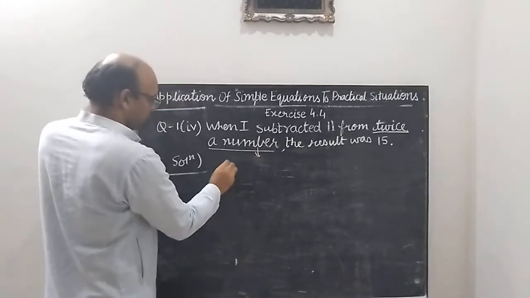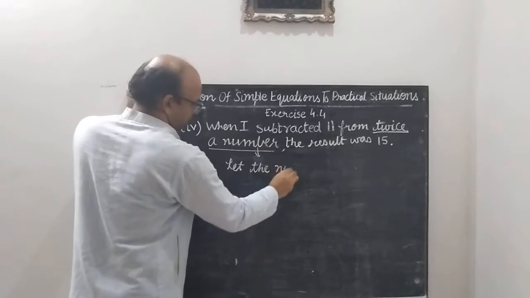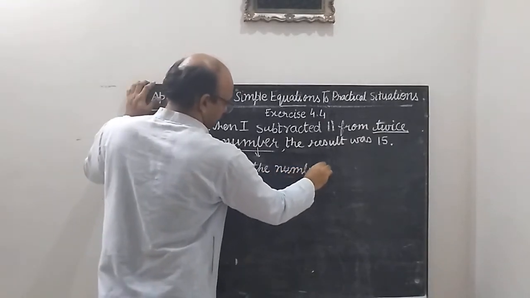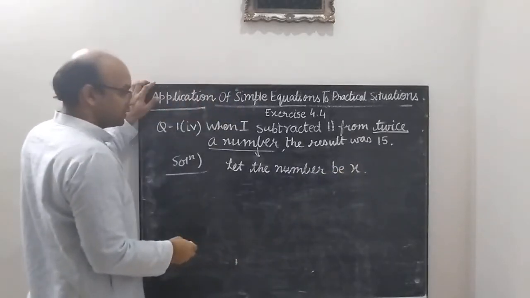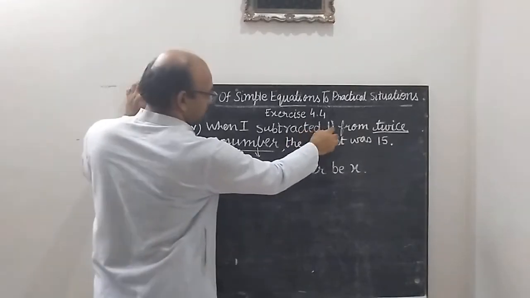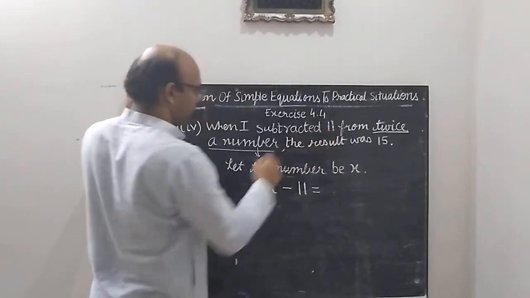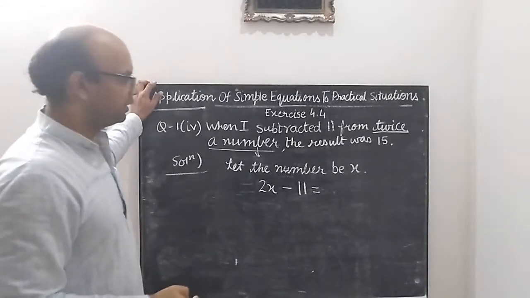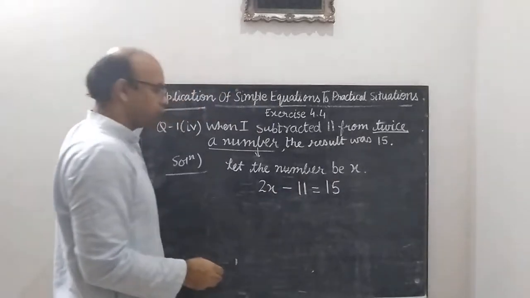So we write, let the number be x. Twice a number means 2x, 11 is subtracted from it. The result is 15 when you do so.